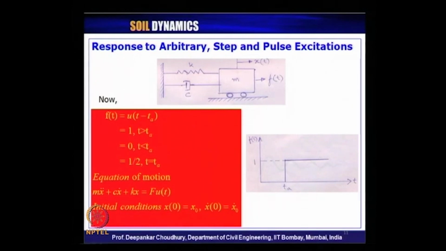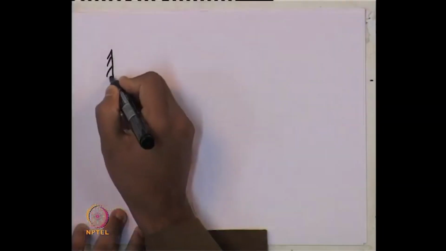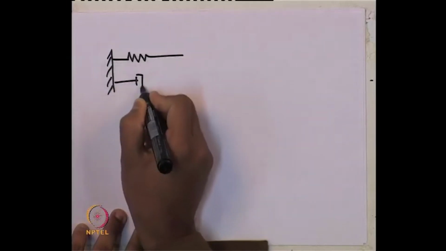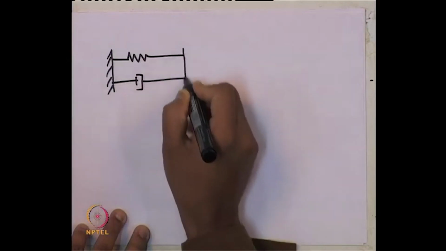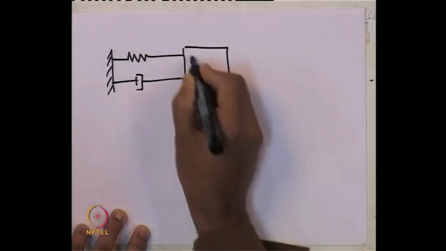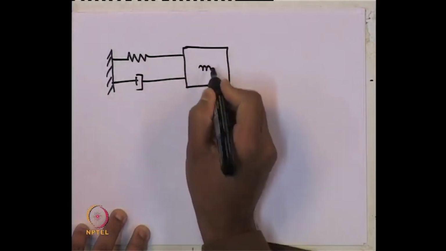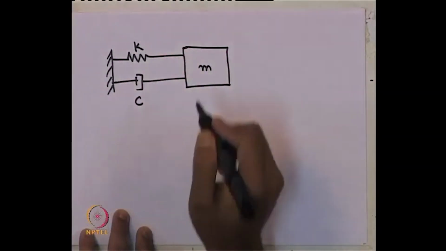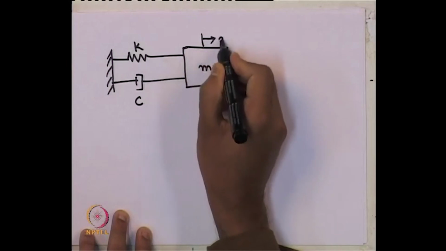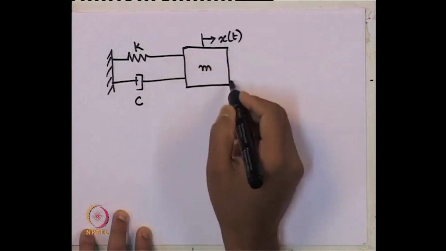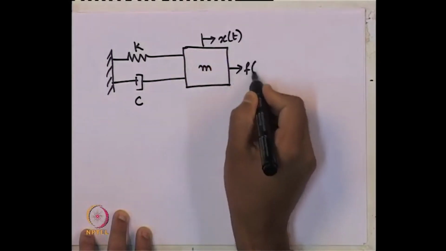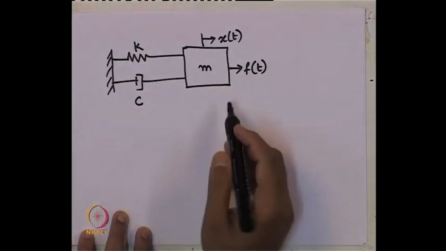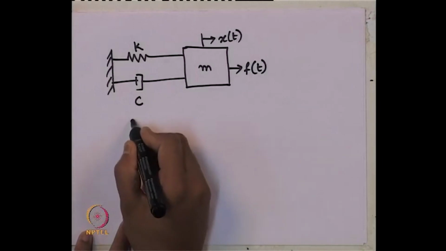So, let us start drawing the basic system here, the basic single degree of freedom system, with mass m, stiffness k, damper c, and single degree of freedom x of t, which is subjected to force f of t. Now, f of t is any kind of force.